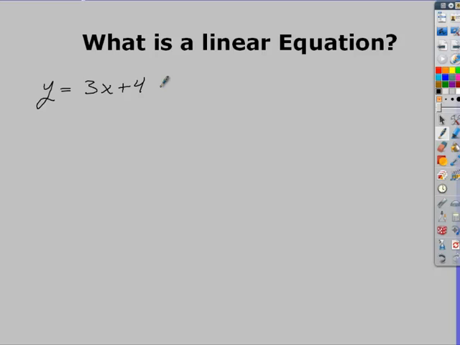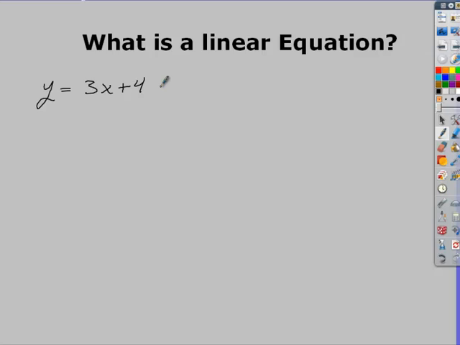So first of all, if I asked you which variable is the independent variable, that would be the x, because it's the one that we plug into. Okay, that's the input variable. And the y, which is the variable that's isolated, that's going to be our output variable. So that is the dependent variable. So it's kind of weird that the variable that's independent is the one that's not by itself, and the variable that's dependent is the one that's actually isolated.